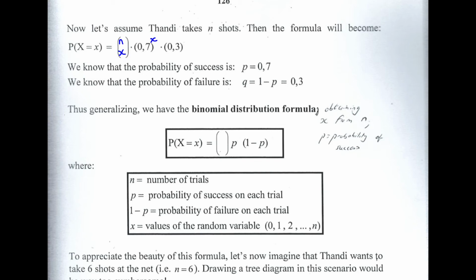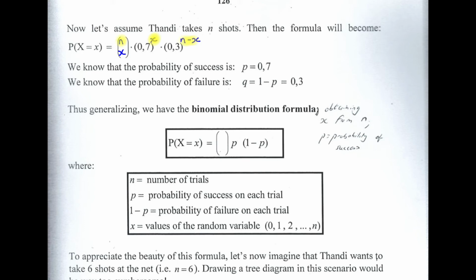And 0,3 is now going to be, the exponent will be the number of shots minus x. Okay, because remember that these values must add up to the number of shots or the number of trials, whatever the context is. Okay, so x plus n minus x will equal n. Okay, so that basically, the sum of those two things that I've highlighted in yellow must equal the number of shots.